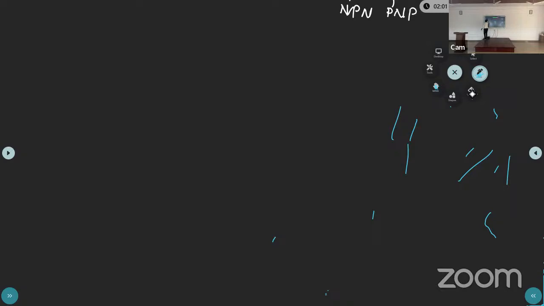Now, operation of the NPN transistor. The previous slide was the construction.